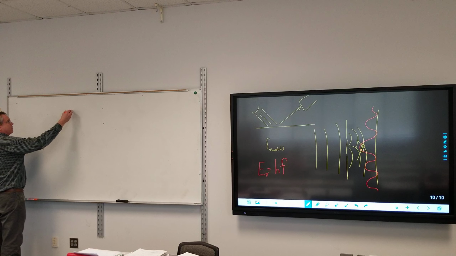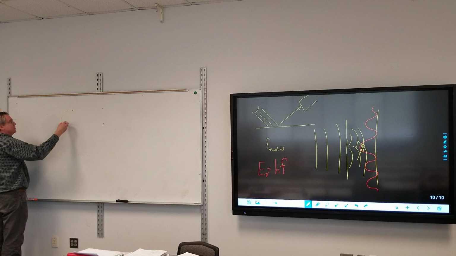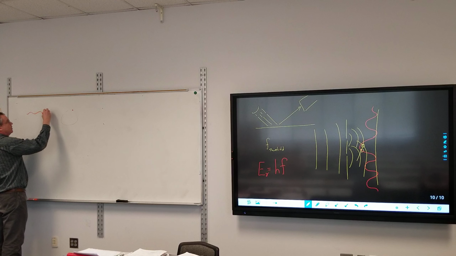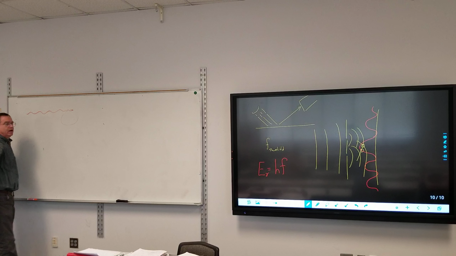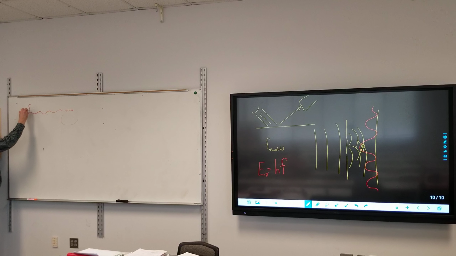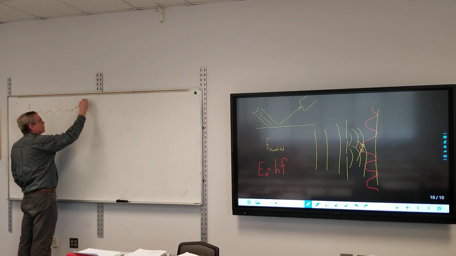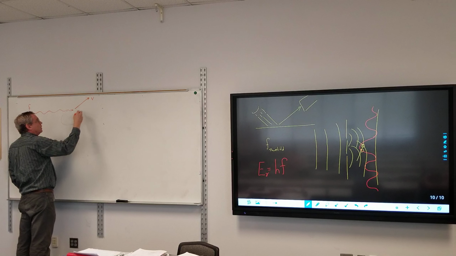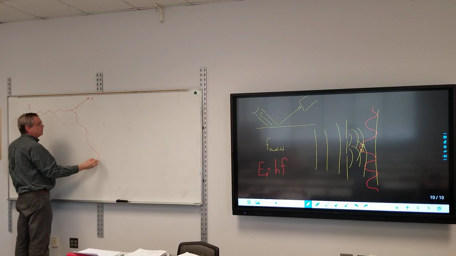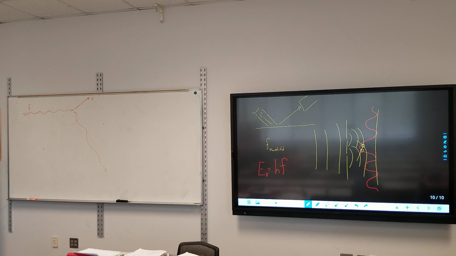So draw my fancy diagram here. I've got my atom sort of zipping around like that. I have a light wave coming in at some frequency. So it's some electromagnetic wave. I say light wave, it could be visible light or not visible light. It's just some electromagnetic wave. It's going to hit this, that electron is going to go shooting off at some speed v, and then light will be coming off at a different frequency.